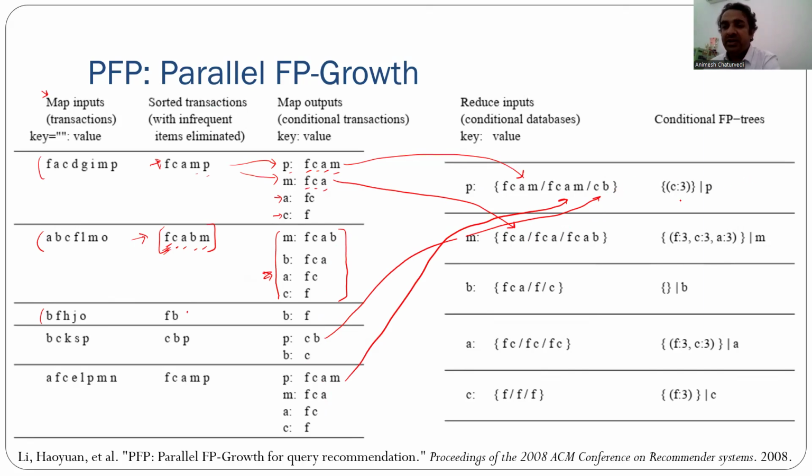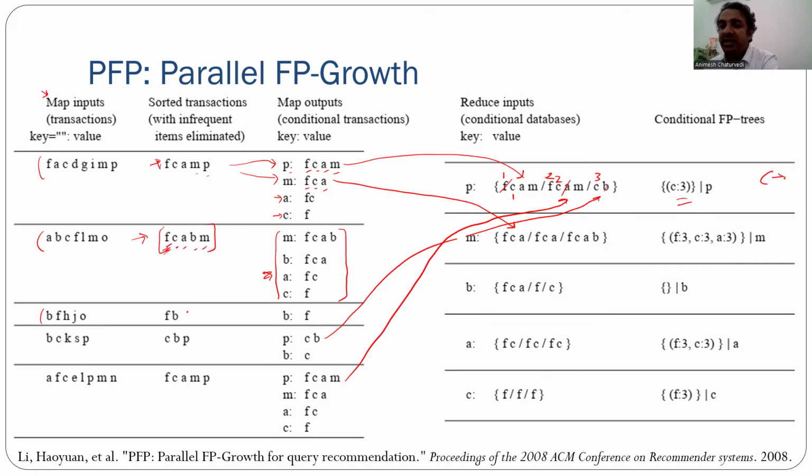Thereafter, if we want to generate a conditional FP tree based upon how many times C is appearing, it is one, two, three. C is significant, but is F significant? No, F is appearing only two times. So we reject F and we get C as the three items. A is also rejected, B is also rejected.